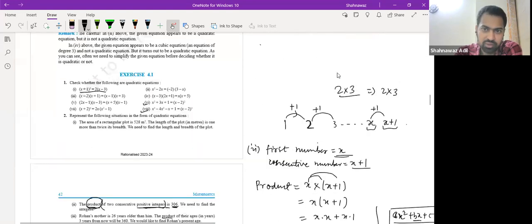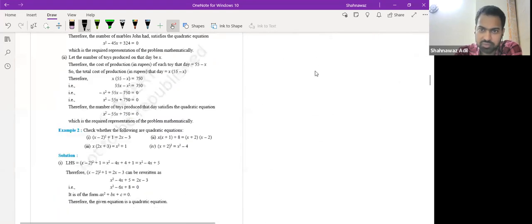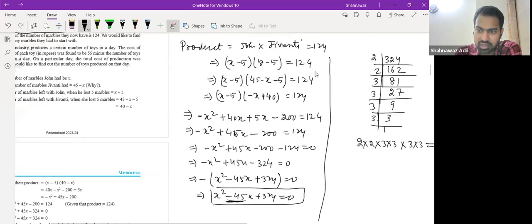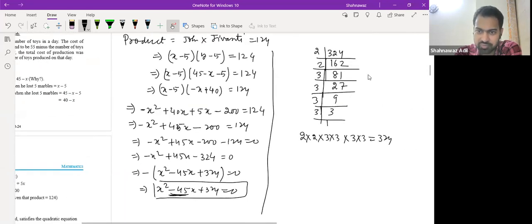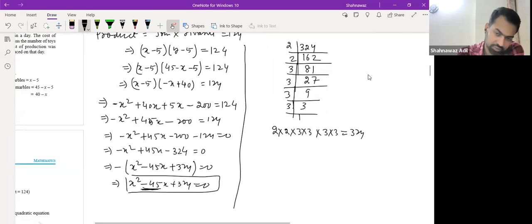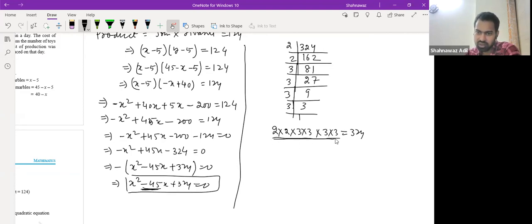So where were we? I was asking what would be the combination. These are the factors. Now we have to find two factors such that we get minus 45.